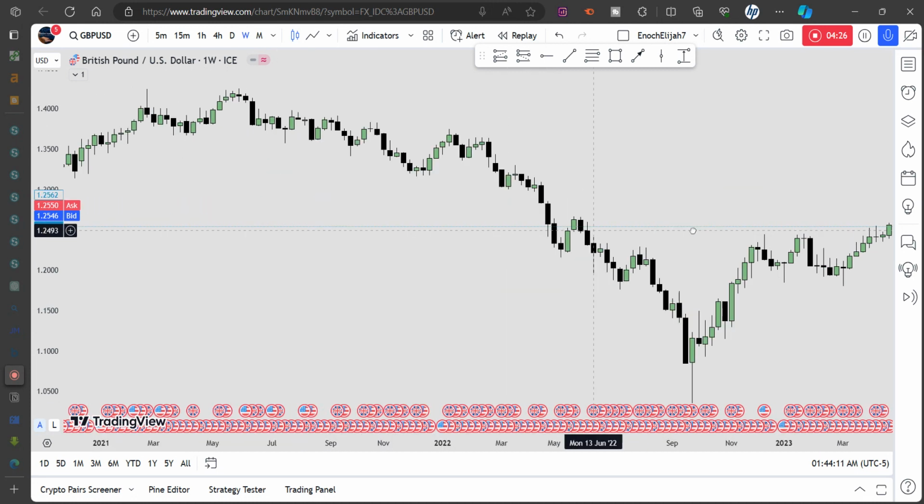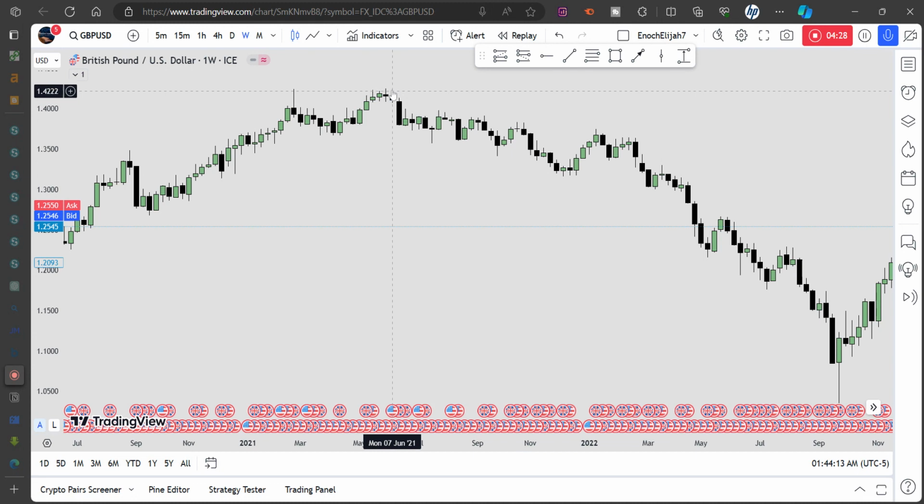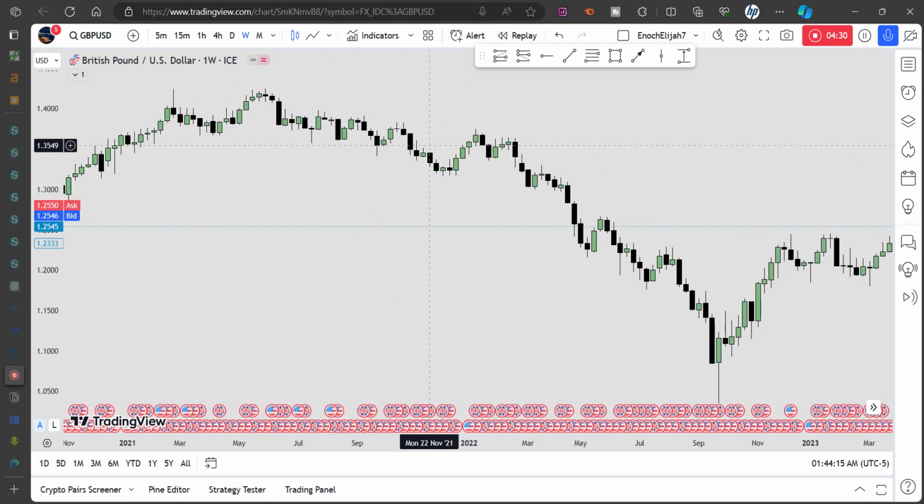If you see here, from this top down here was bearish. It kept going lower, giving us lower highs, lower lows, lower high, lower low, lower high. What does that mean? It simply means that the latest high is quite lower in price compared to the previous high.